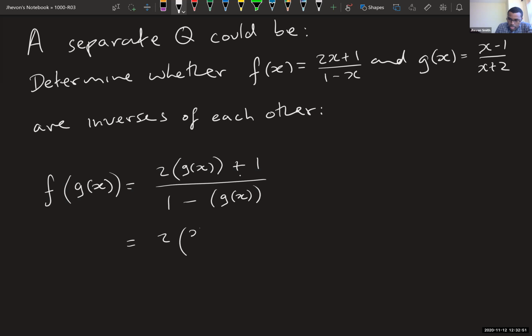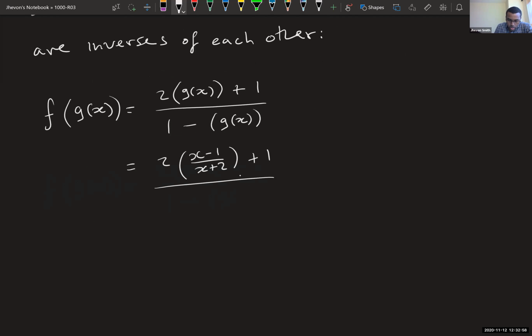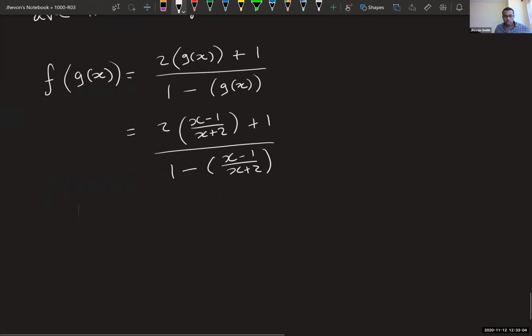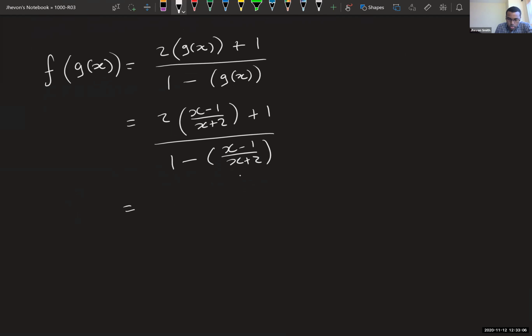So that's 2 times (x minus 1) over (x plus 2), plus 1, over 1 minus (x minus 1) over (x plus 2). And so this would be (2x minus 2) over (x plus 2), plus 1, and this will be 1 minus (x minus 1) over (x plus 2).